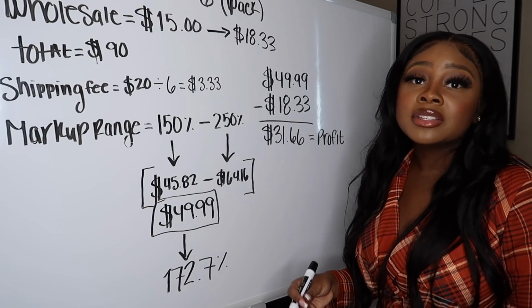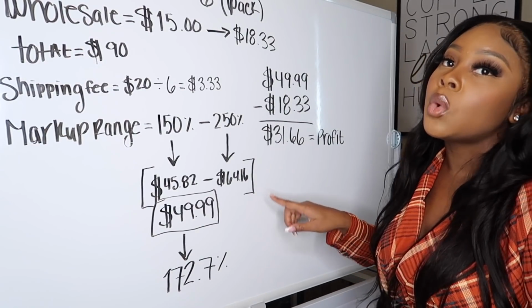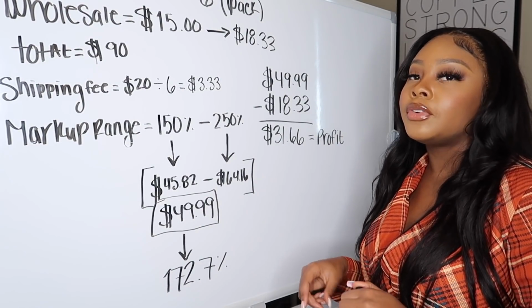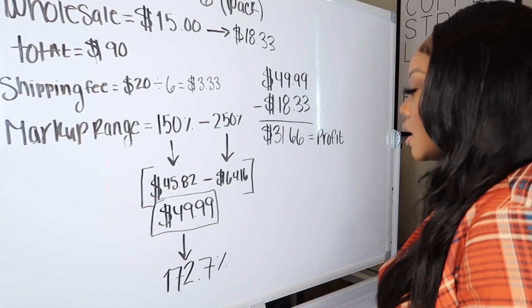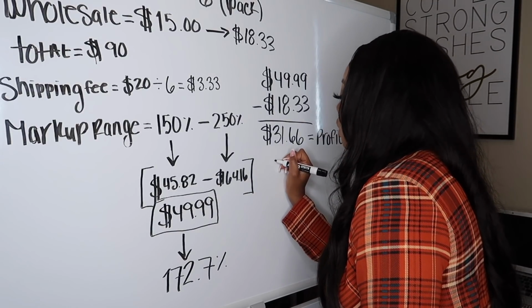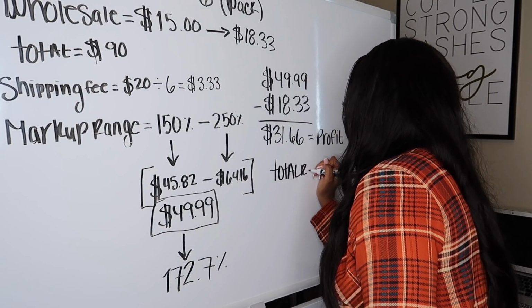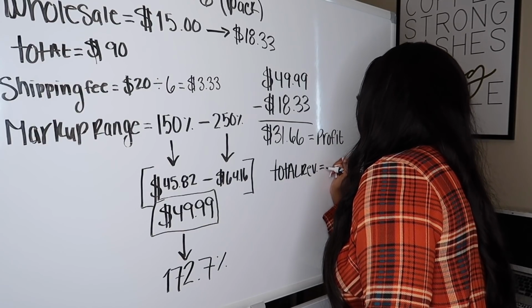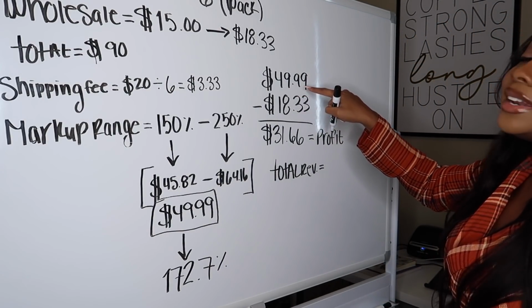Granted, like I told you guys, if you have extra expenses or anything like that, you want to take that out as well before you come up with your overall profit in order to make sure you identify what your actual profit margin is. So let's go through and let's do a holistic overview. We know our total revenue. Our total revenue, we're going to do $49.99.